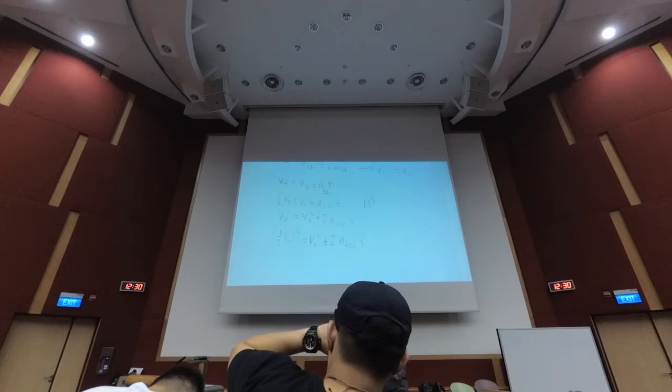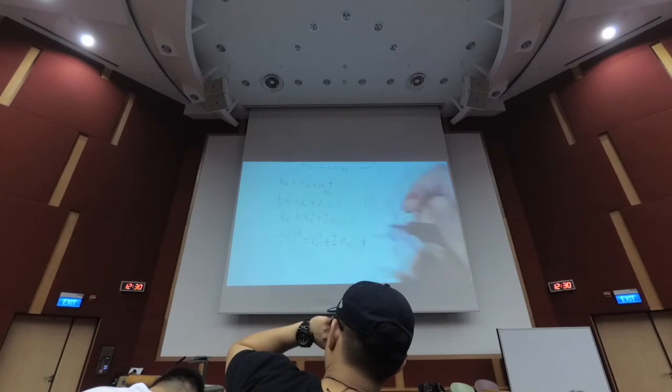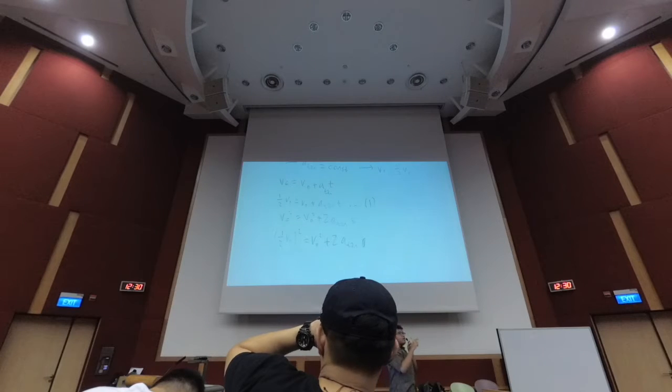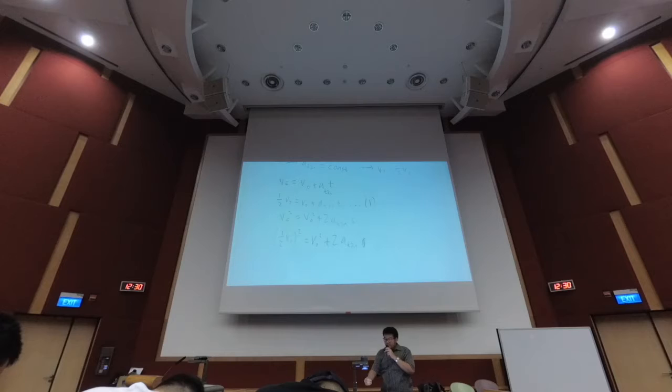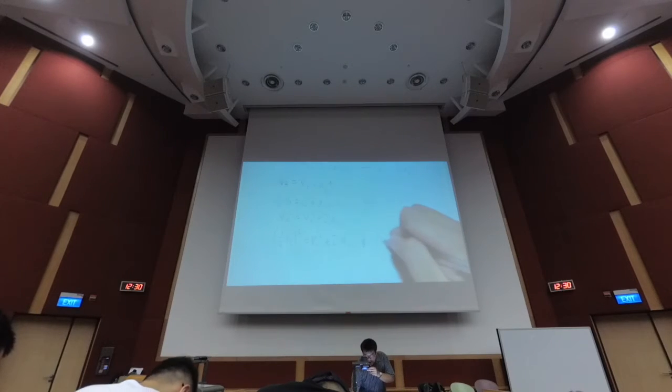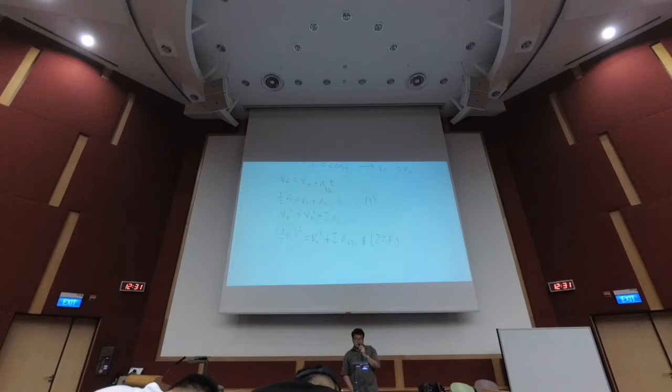And then the distance. Even though the object goes back to the original point, remember that for circular motion you use distance, not displacement. So you substitute 2 pi r, not 0. Then this will be your equation 2.